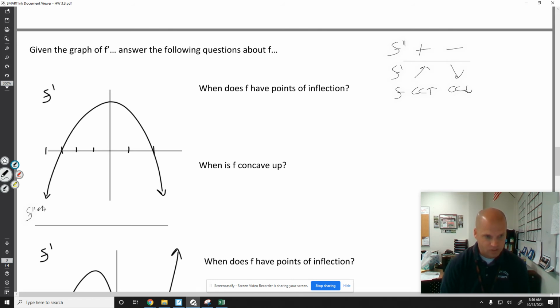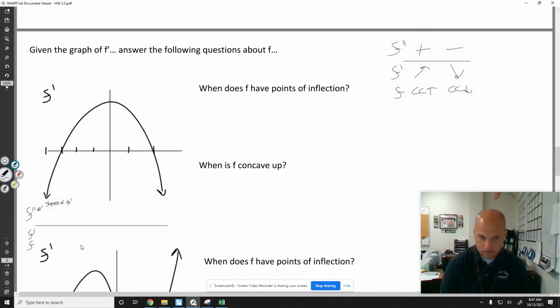F double prime signs can be gotten by looking at the slopes of f prime, right? The derivatives of f prime are f double prime. I could look at that. I could look at when f prime is increasing or decreasing. I could look at that. And either of these will then tell me what f is doing. Concave up, concave down, curving up, curving down.